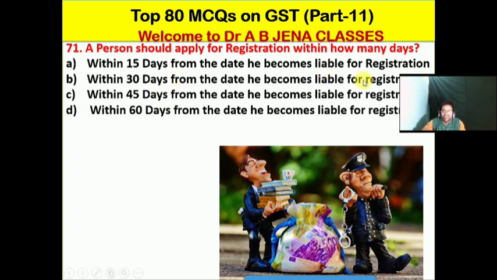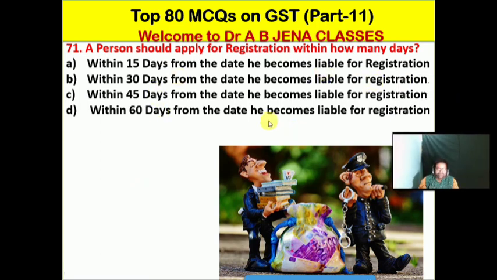So next one we will see: a person should apply for registration within how many days? Whether A, it's within 15 days from the date he becomes liable for registration, B, it's within 30 days from the date he becomes liable for registration, C, it's within 45 days from the date he becomes liable for registration, D, it's within 60 days from the date he becomes liable for registration, friends.